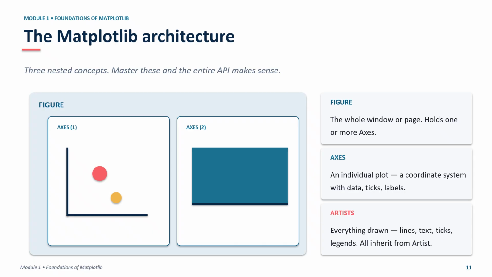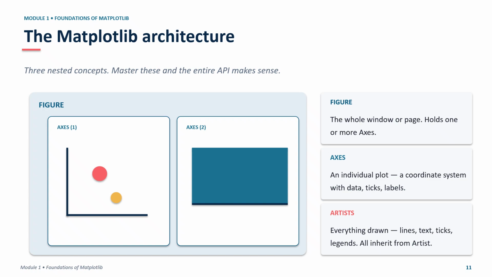It can hold one chart or even a lot of subcharts too. And next is about axes. This is where actual plotting happens, right? Despite the name, axes means a complete self-contained plot: a coordinate system, a title, a label, tick marks, and the data. So one figure can contain multiple axes.